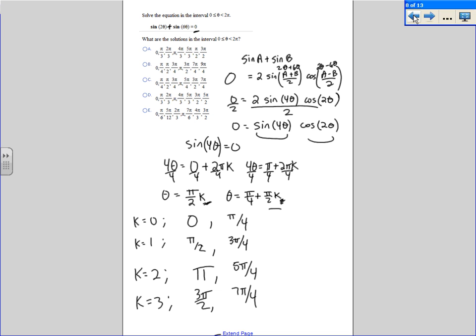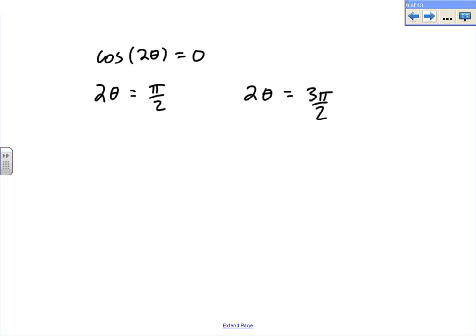Okay, so there again, we've got this first part. Now we've got to do this second part. We have cosine of 2 theta equals 0. We just mentioned earlier that cosine would be 0 at pi over 2, and cosine would be 0 at 3 pi over 2 also. Now, because I've got that coefficient, I've got to add 2 pi k to it, and that's where all those millions of solutions are coming from.